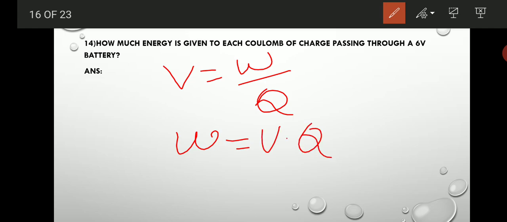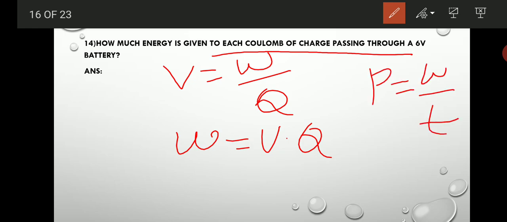So to find the answer, you should know the given terms, what are given and which formula is suitable for that. See, work done means we can also think of power is equal to work done by T. But here power is not there, T is not there. These terms are unknown, right? So use this formula.